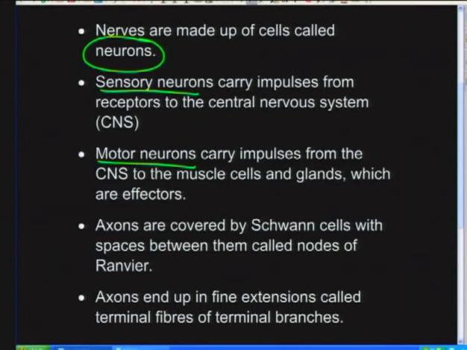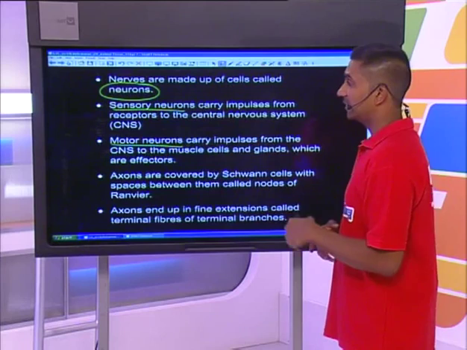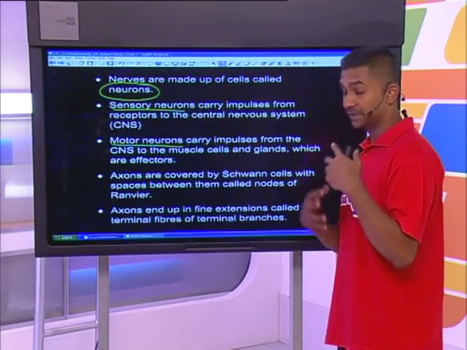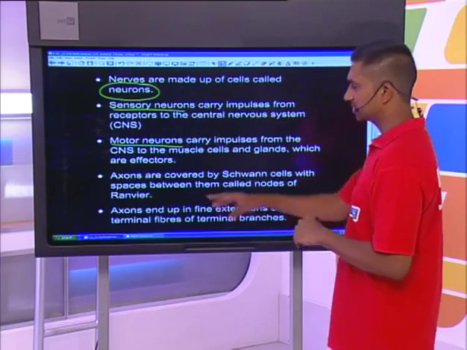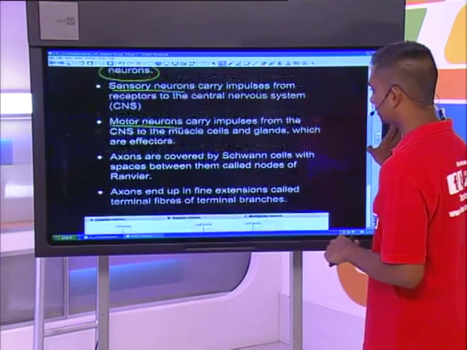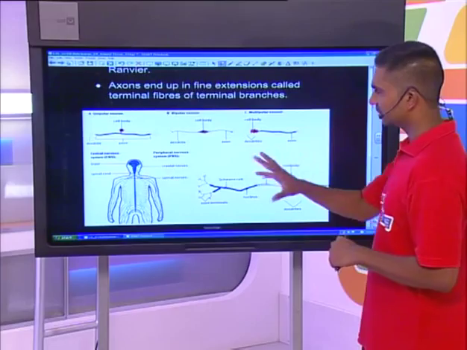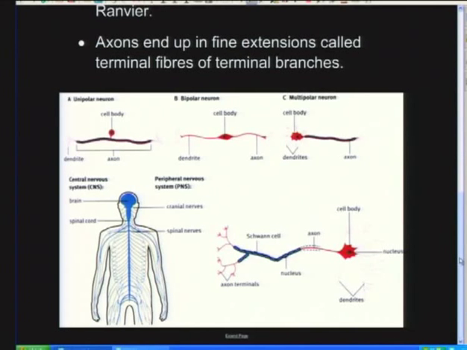So these could also be called by the way they function, and they can be classified by the way they function or by their structure. So I'm going to refer to a diagram very quickly that shows you the structure, a very schematic diagram. And here we find that this neuron is called a unipolar neuron.